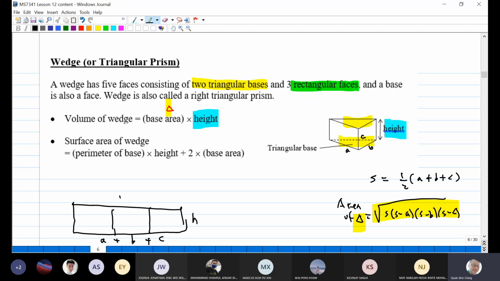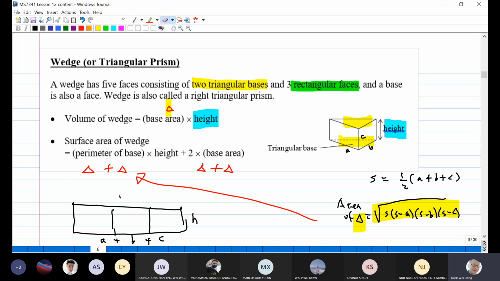So the surface area is the one triangle on top plus one triangle below, which you can find using the area of a triangle.